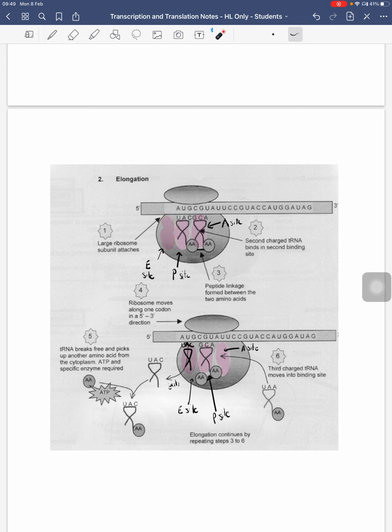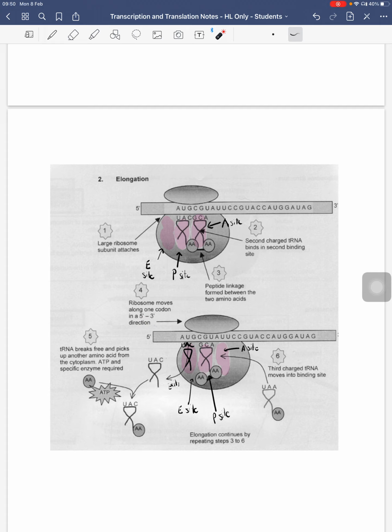What happens when those two get together is the amino acids are going to bind together. They're going to form a peptide bond or a peptide linkage. And this amino acid here is going to detach from that first tRNA molecule. Then the ribosome is going to move one codon in the 5' to 3' direction.